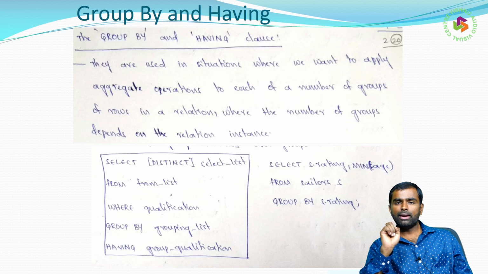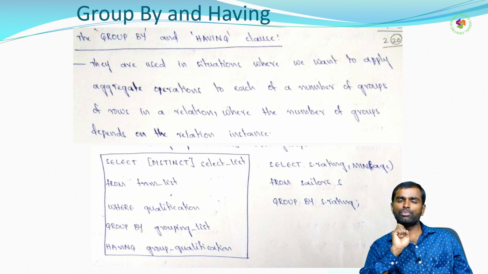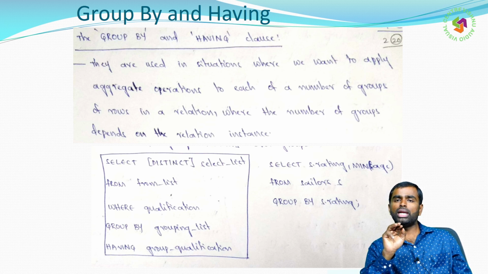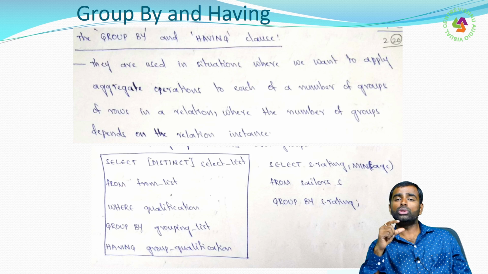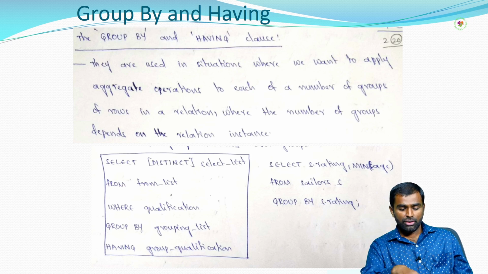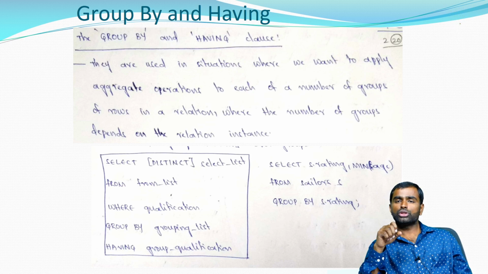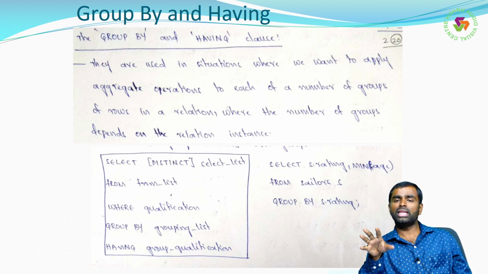If you need only one table, you give one table in the from portion. If your data needs two tables, you give the two table names. If your data is interrelated across three tables, and only by combining the three tables you can get the data, then in the from portion you give three table names. Where means condition: for each and every record, if you have to apply a condition, then you use where.